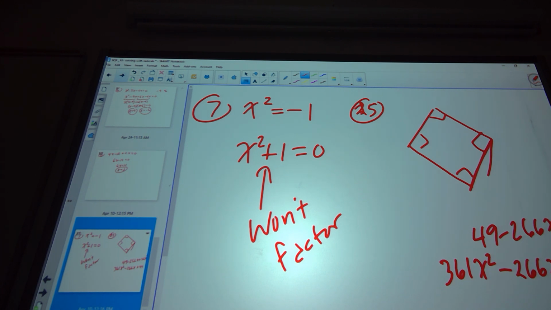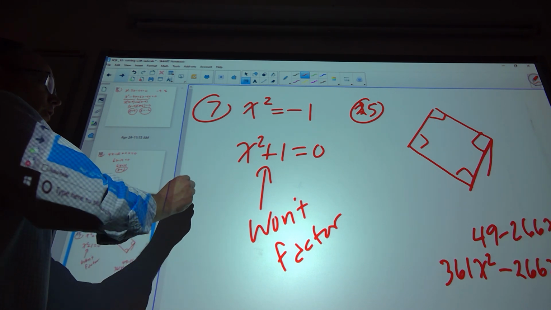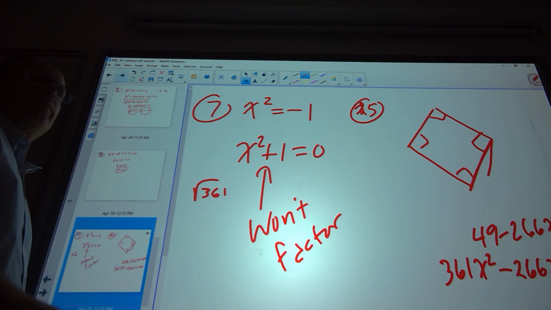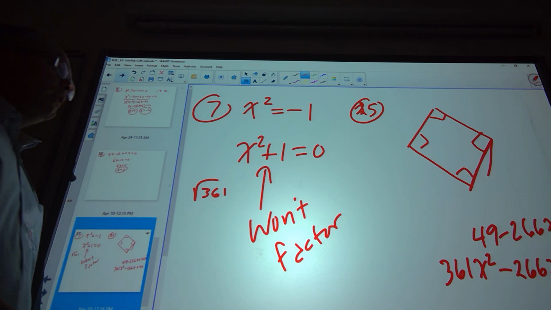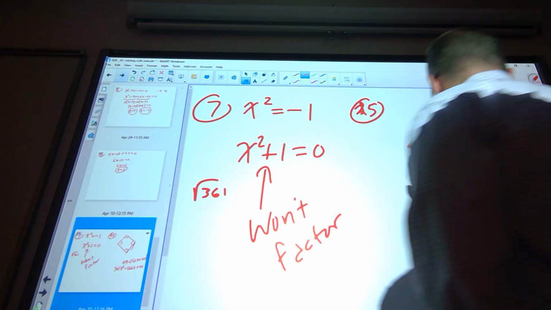Square root, not square, so use the second function of the x squared button. It's 19. Cool. So this is a perfect square, and this is a perfect square.